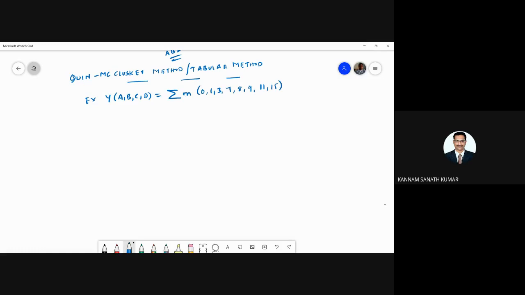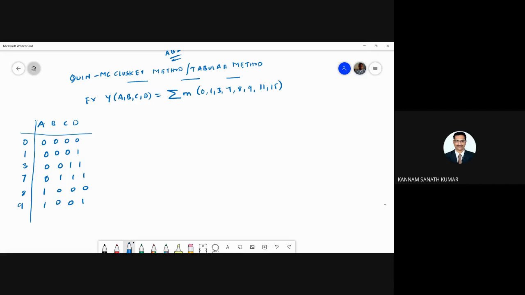So here you have to write A, B, C, D, and whatever the terms, you have to write the binary representation. 0 is 0 0 0 0, and next 1 is 0 0 0 1, and 3 is 0 0 1 1, and 7 is 0 1 1 1, and 8 is 1 0 0 0, 9 is 1 0 0 1, 11 is 1 0 1 1.